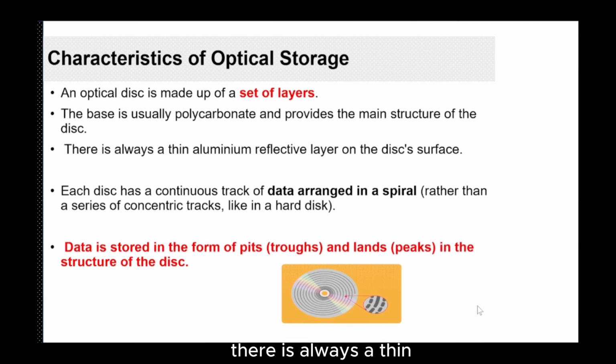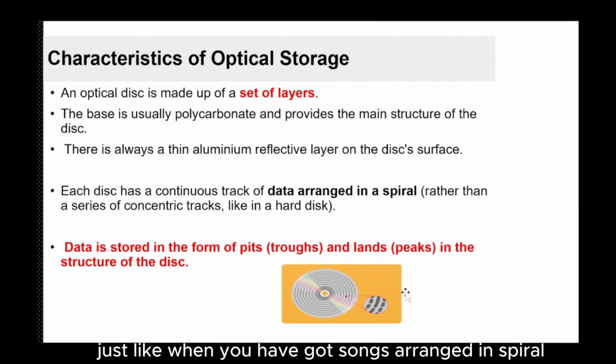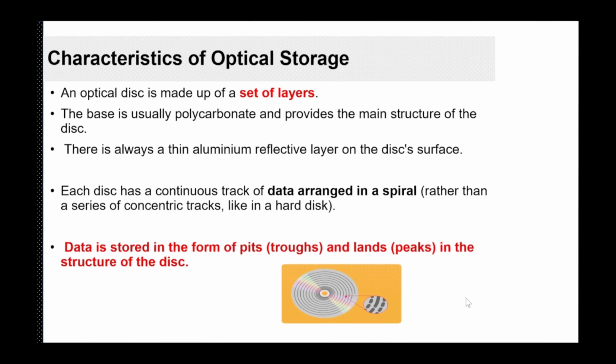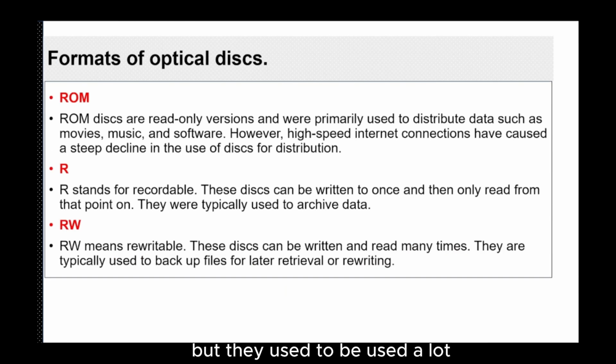There is always a thin aluminium reflective layer on the disc surface. Each disc has a continuous track of data arranged in a spiral, just like songs arranged in spirals. Data is stored in the form of pits and lands in the structure of a disc. These are most probably not used anymore, but they used to be used a lot.